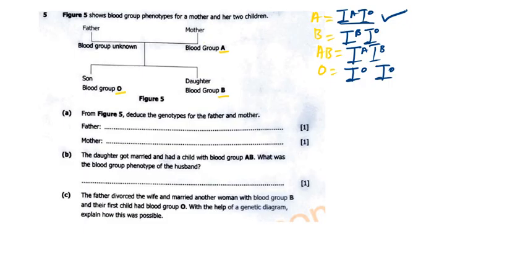Now remember, the blood group of the daughter and the son, they are the ones that are going to help us to come up with the blood group of the father. So how do you come up with the blood group of the father? So you may start testing by the crosses, but remember, the only ones that are close are the ones that contain what? B there.